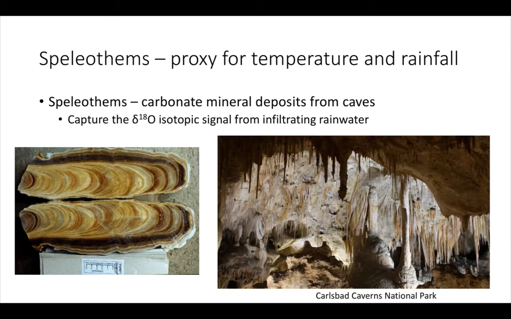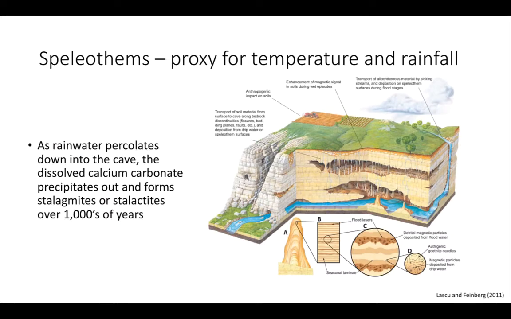And the way that they can be used as a proxy for temperature and rainfall is that they actually capture, again, this delta 18O isotopic signal from the rainwater that infiltrates up from the surface through the groundwater and into the cave.